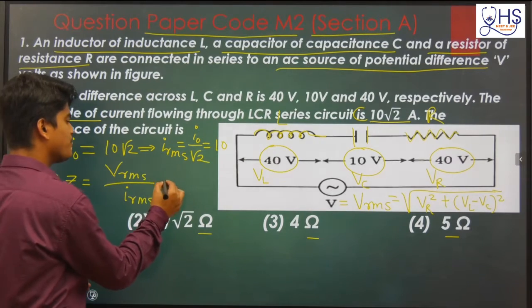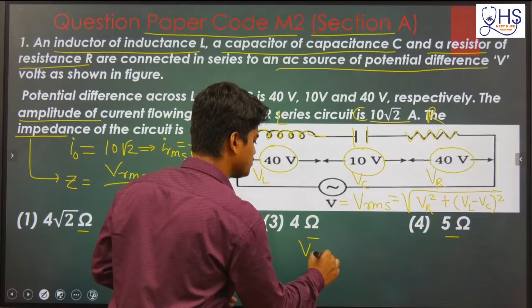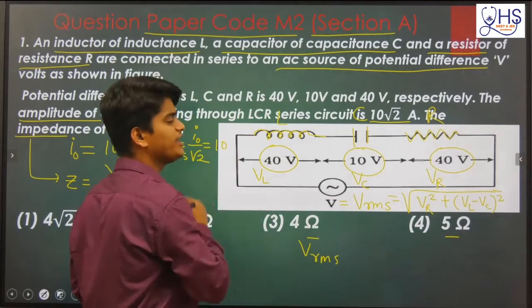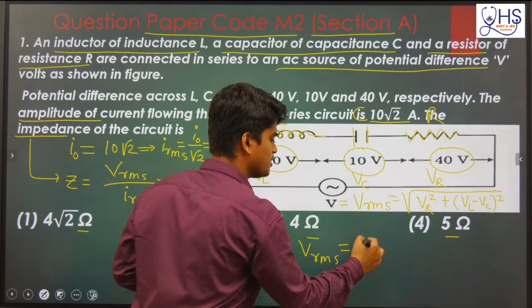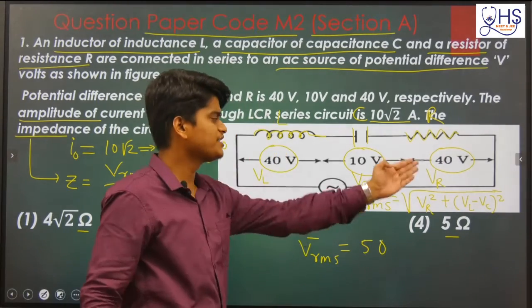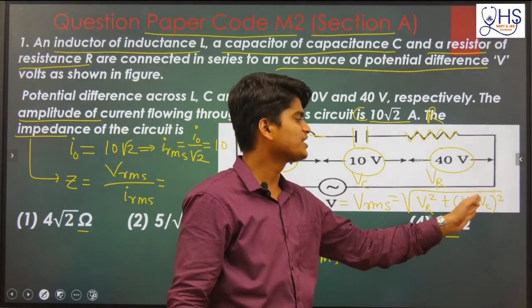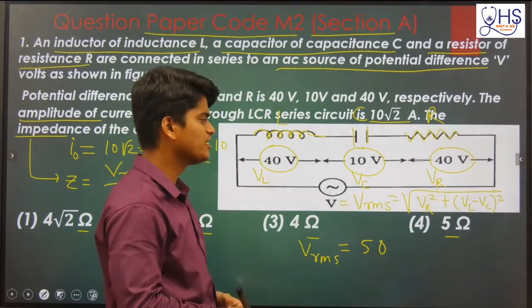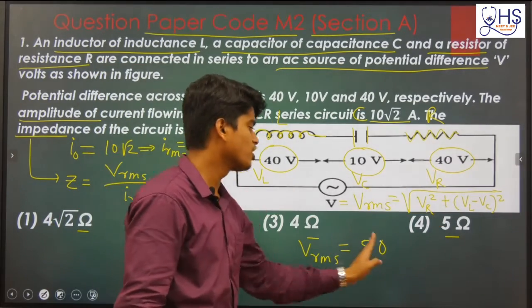So here V RMS will be how much? If I substitute the VR, VC and VL values in the above formula, I will get V RMS as 50. VR is 40, square 1600, and 40 minus 10 will be 30, 30 square will be 900. So 1600 plus 900 is 2500, and the root of that will come as 50.